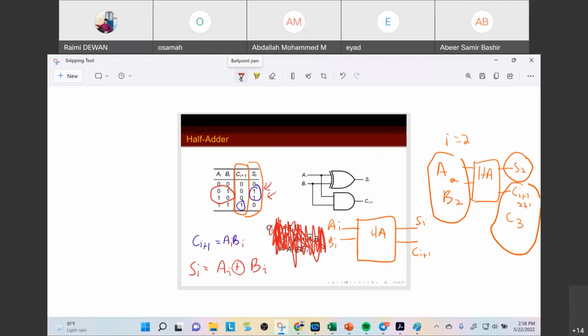Sometimes we want to have more outcomes from an operation, we cannot have only one. So normally we will do cascading. Cascading is that this one will be fed to this one, and this one will be fed to this one. And you can have C in here, CI, for example CI1.